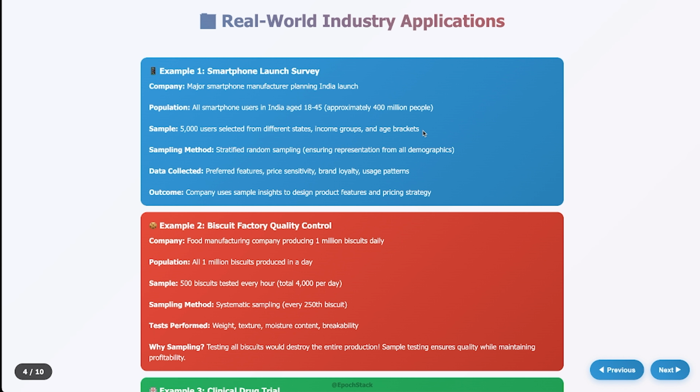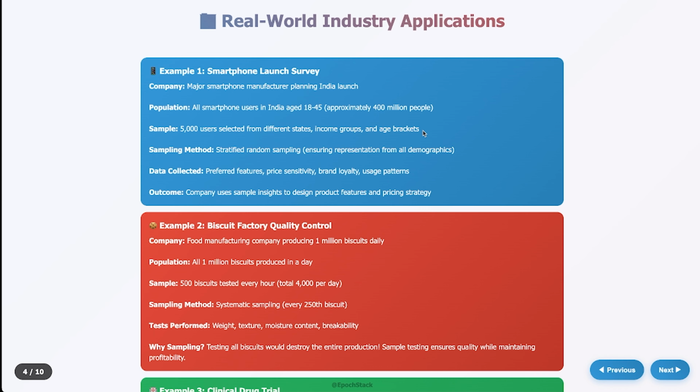Now they selected 5,000 users and collect different kinds of data from those users. For example, the preferred features, that means what kind of features the user prefers in their smartphone. The second is price sensitivity, so how much they prefer to pay for a smartphone.